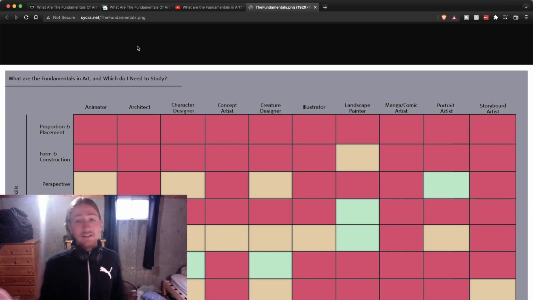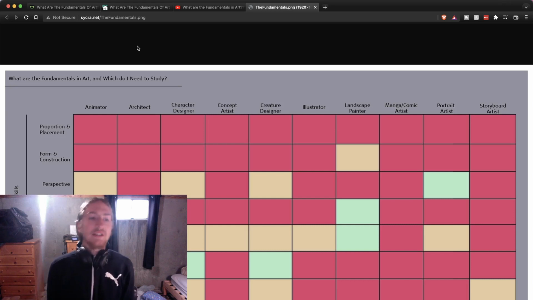Well, unless you're not going to do any shading, in which case you could drop value. But I would say form, perspective, and composition are very critical to know, to understand how to create what you want to and express yourself. I would also say value is very important because that's how you really add depth.